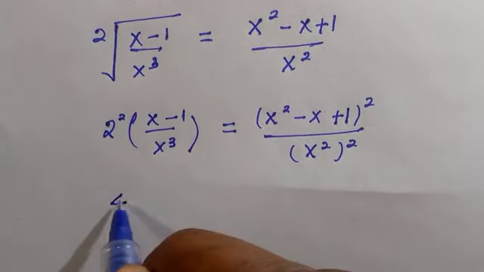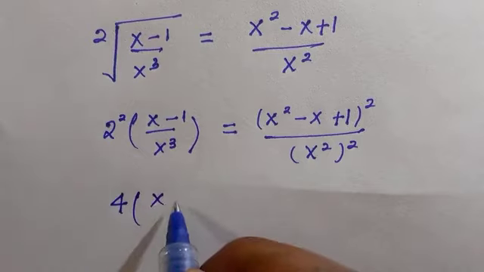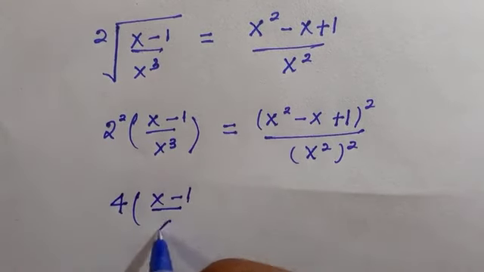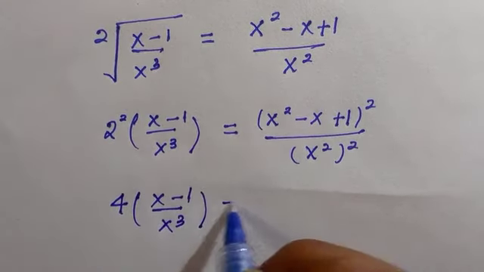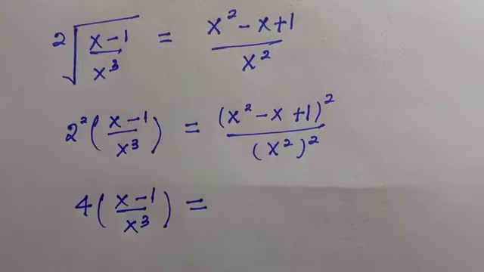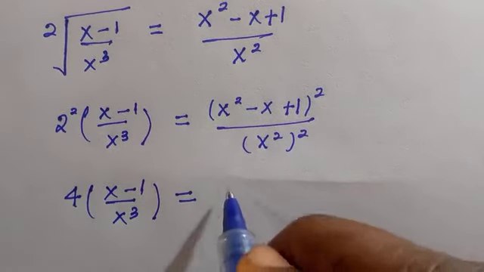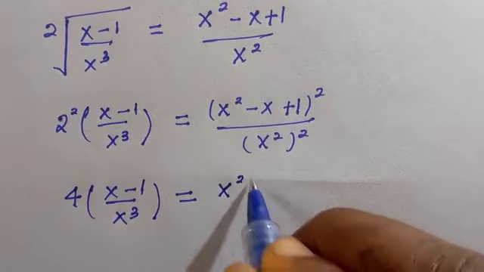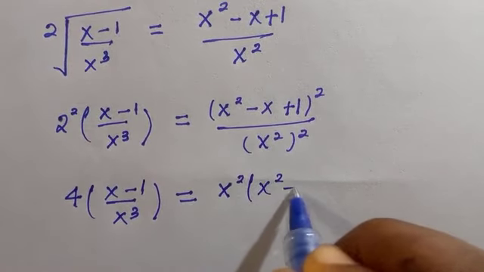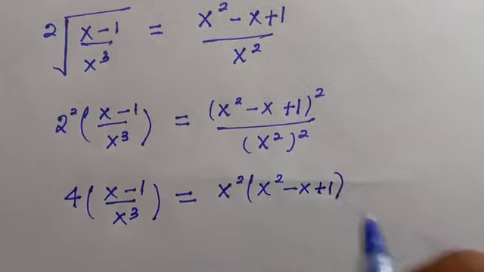So on getting this, we have this as 4 brackets x minus 1 divided by x raised to the power 3, everything equals, so for the numerator, we can just write this thing in 2 times, and we are going to have this as x raised to the power 2 bracket x squared minus x plus 1.